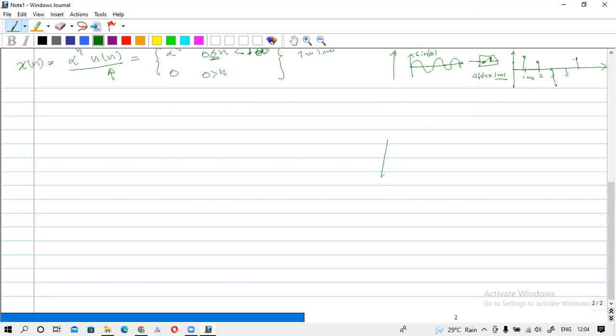These are the sample values. This is sample 0, the first sample, then second, third, fourth, fifth. This is n, the sample number 0, 1, 2, 3.